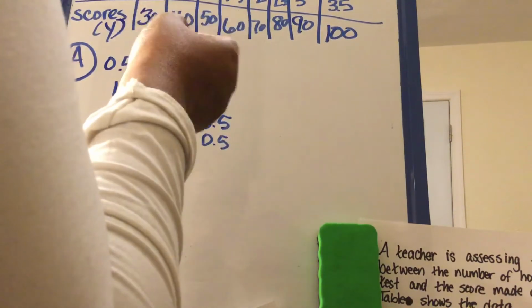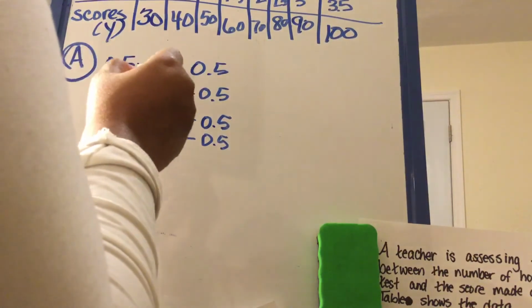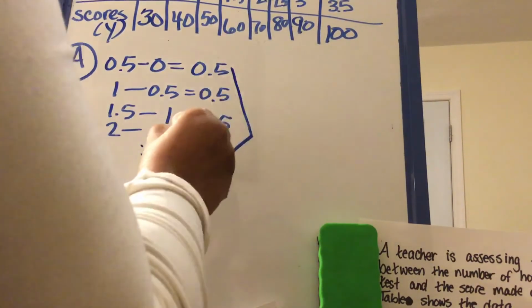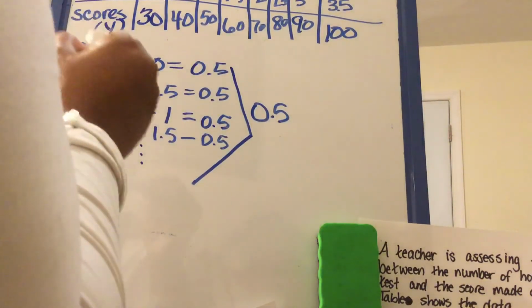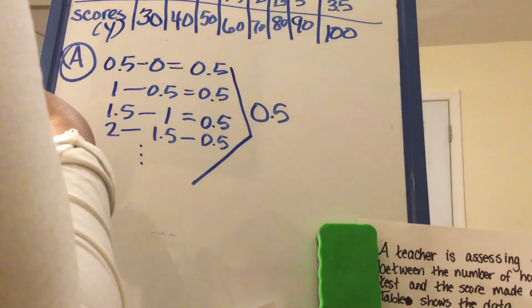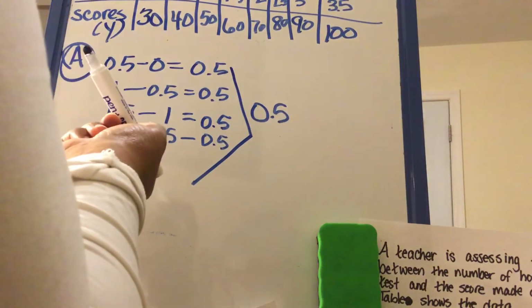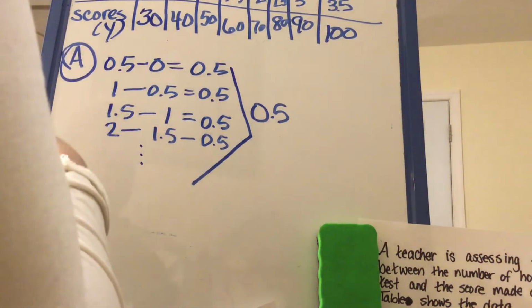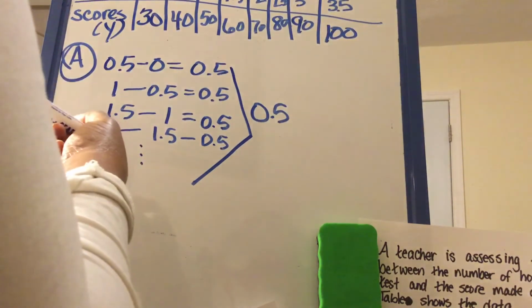So, 2.5 minus 2 is going to be 0.5. 3 minus, so I believe it is safe for me to assume that all of my answers is going to be what? 0.5. So I'm going to assume that my x term is 0.5 because every time it's going up by 0.5.